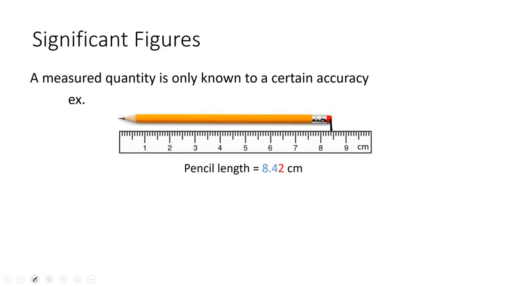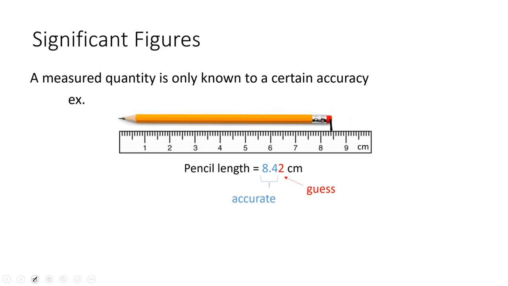So what would I say about the measurement of this pencil's length? Well, I would say 8.4 for sure. And then I can guess at that third digit, the second digit after the decimal place. So here I guess that it was about 8.42 centimeters. But really only the 8.4 is accurate.